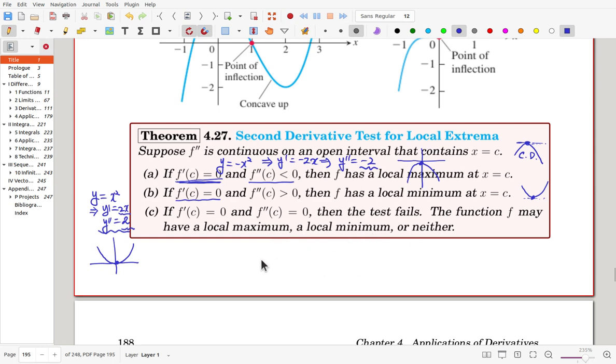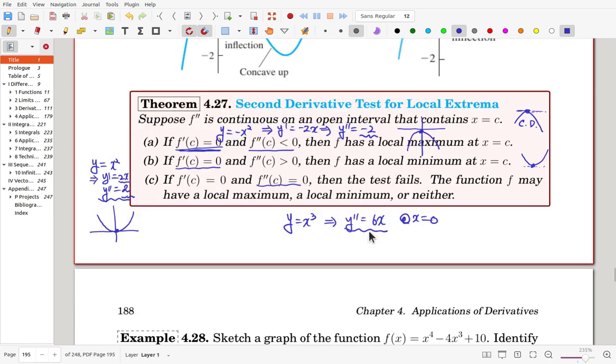For example, y equals x cubed, then y double prime equals 6x, and at x equals 0 the second derivative is 0. So once it is 0, the point is an inflection point, and it's neither a local maximum nor a local minimum, right?